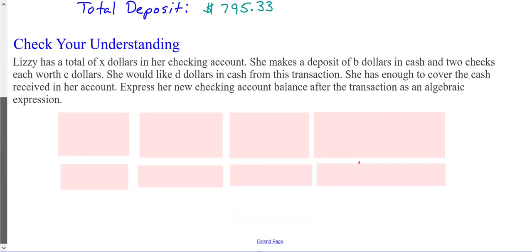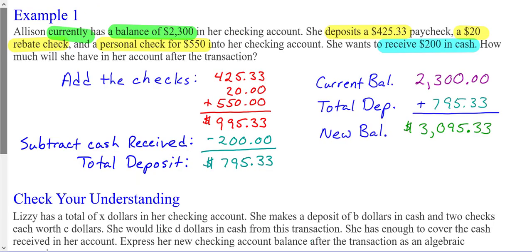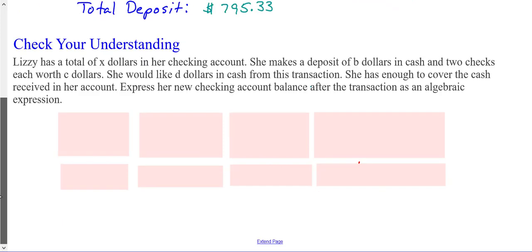So for the next example, we're going to build an algebraic expression. So Lizzie has a total of X dollars in her checking account. So that is her current balance.